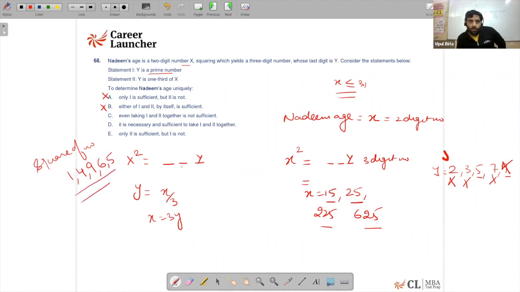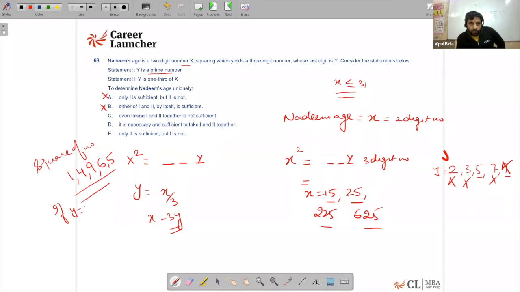So therefore, y can be any number out of 1, 4, 9, 6, 5. And they have also given that x is 3 times y. So if we place y as 1, x will be 3, which is not possible because x is a two-digit number.